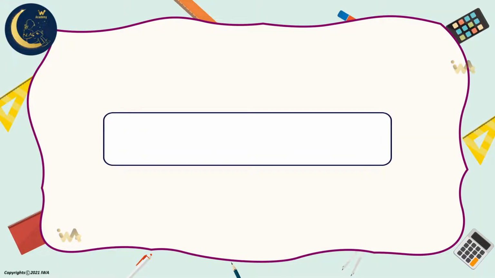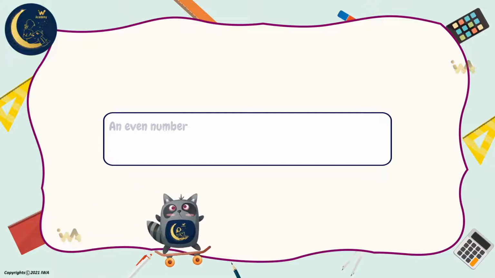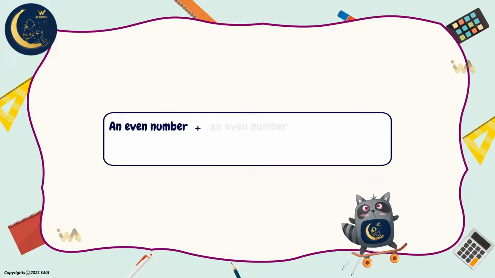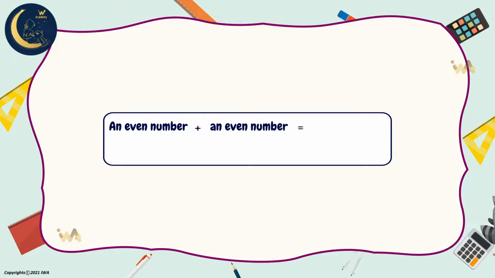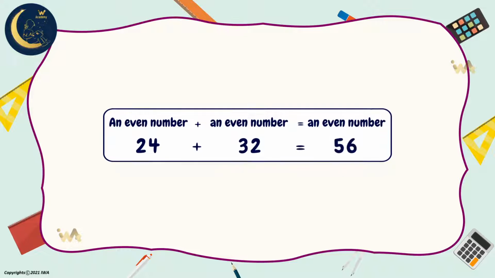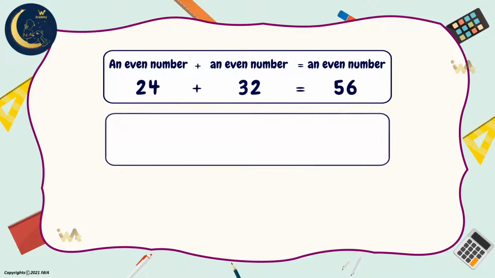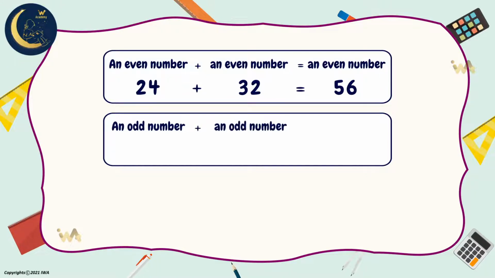Now let us collect the 3 rules here. The first rule is the result of adding an even number plus an even number. What does it equal? Excellent, an even number. For example, the result of adding 24 plus 32 equals 56. The second rule is the result of adding an odd number plus an odd number equals an even number.